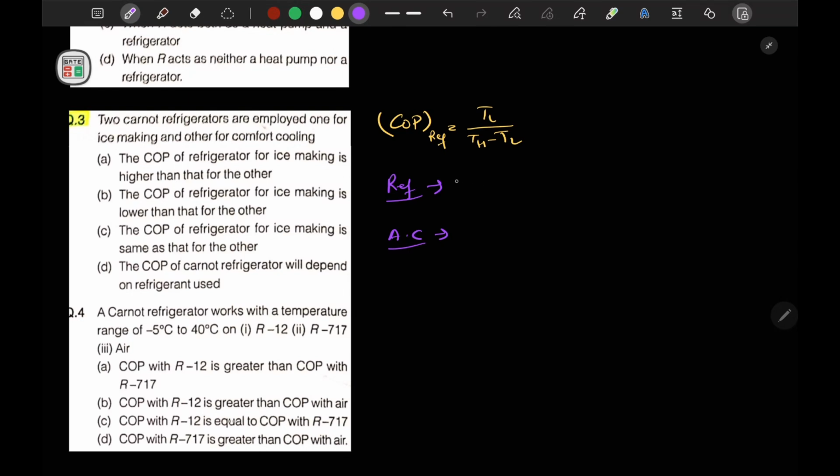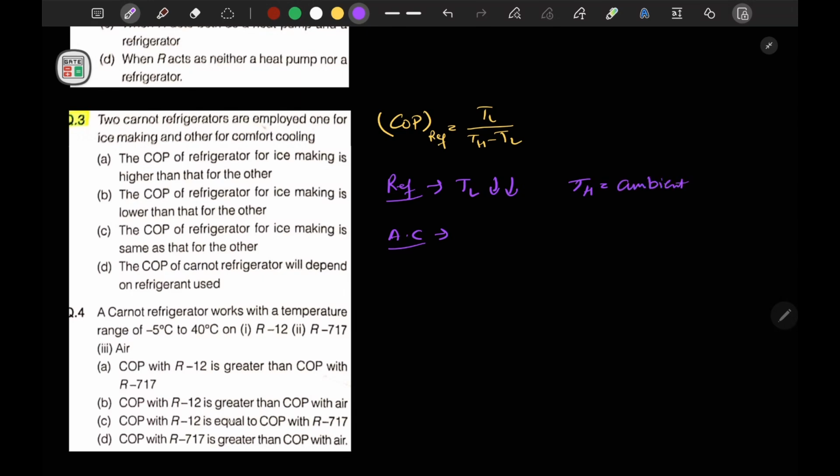In the case of refrigeration, our TL is very low. Our lower temperature is like at minus 2 degrees Celsius or 0 degrees Celsius. So this TL value is very small, and TH value is equal to ambient.